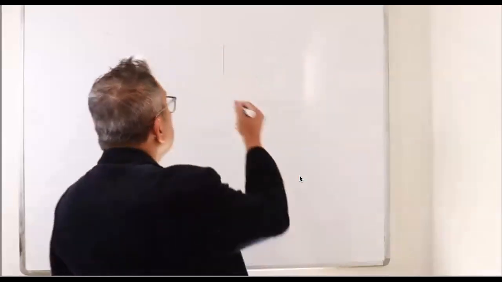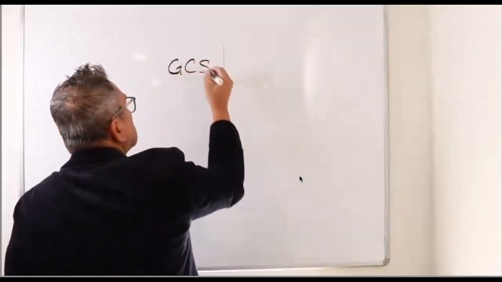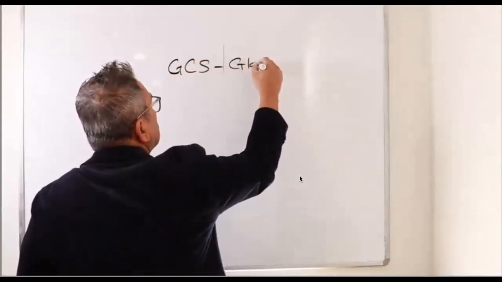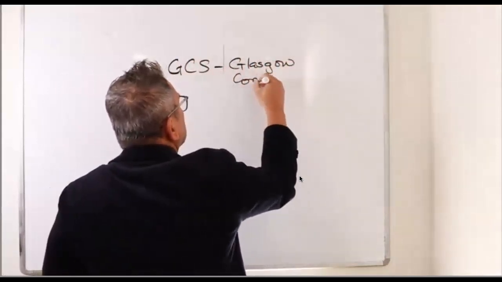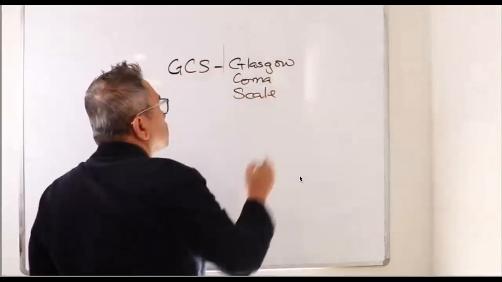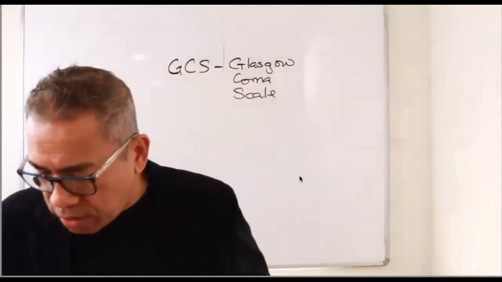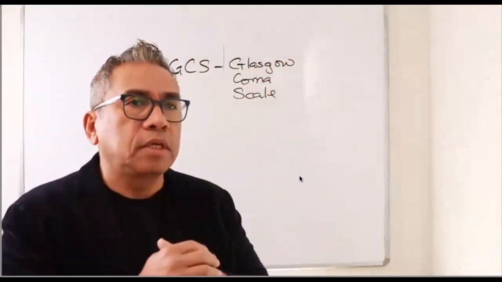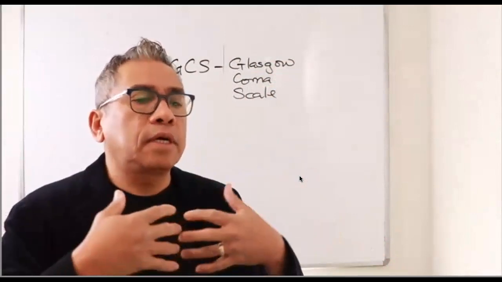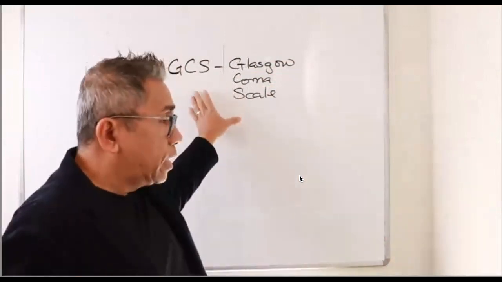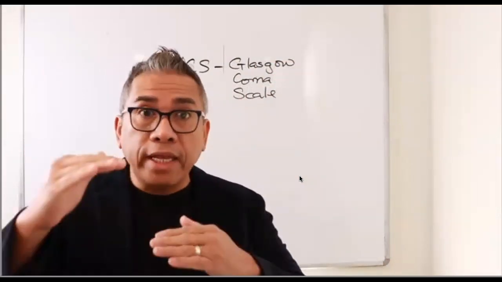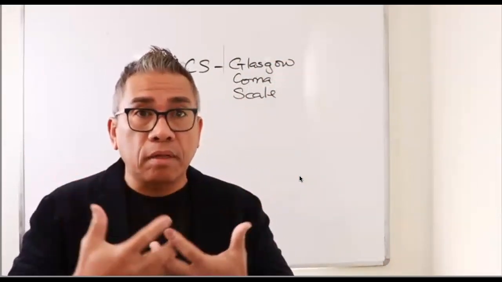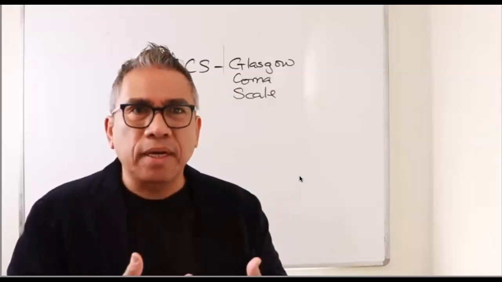Glasgow coma scale. Every time you see the abbreviation GCS, this is the Glasgow coma scale. They came up with this measurement or assessment of how bad the coma is by rating the patient's responses to certain stimulus or certain commands.